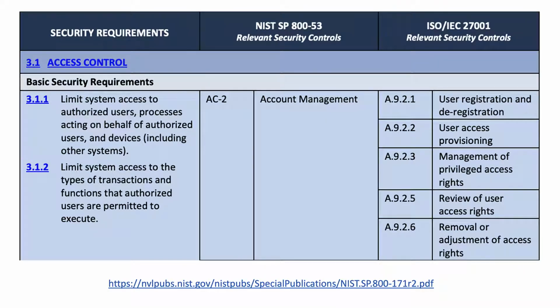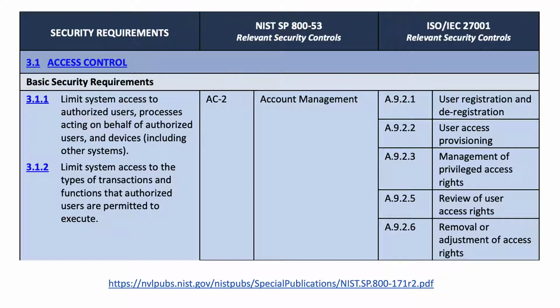So if you look at 3.1 of 800-171, you'll see something about access controls. And 3.1.1 says limit system access to authorized users, processes acting on behalf of authorized users, and devices including other systems. And if we look at the third column, this indicates this requirement's association with NIST Special Publication 800-53, which is Security and Privacy Controls for Federal Information Systems and Organizations.